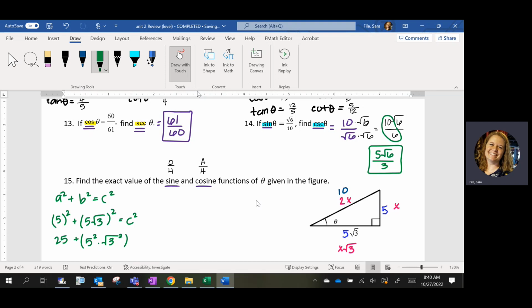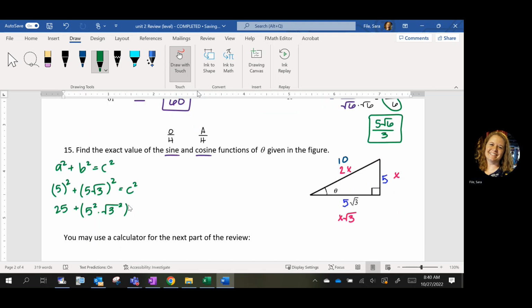When you square the root 3, that just cancels out and is just a 3, right? Those operations cancel each other, so that's just a 3. 5 squared is 25, isn't it? So you've got 25 times 3 in here. What is that? It's 25 times 3, so that's 75.